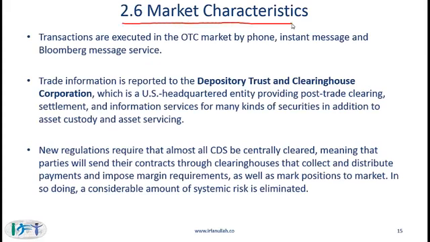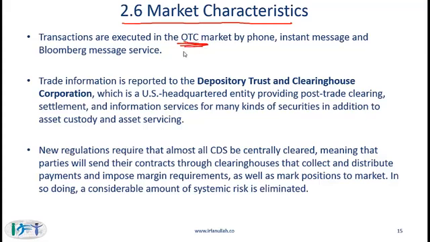Section 2.6 deals with market characteristics. This section is not explicitly mentioned in the learning objectives, so I'll simply highlight the most important points. Transactions are executed in the over-the-counter market by phone, instant message, and Bloomberg message service. Trade information is reported to the Depository Trust and Clearing Corporation, which is a US headquartered entity providing post-trade clearing, settlement, and information services for many kinds of securities, in addition to asset custody and asset servicing.